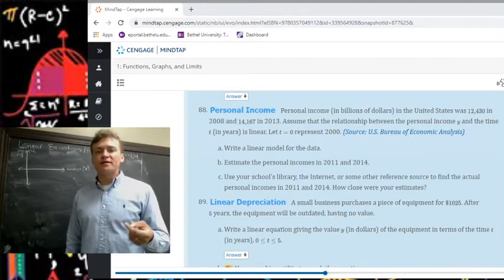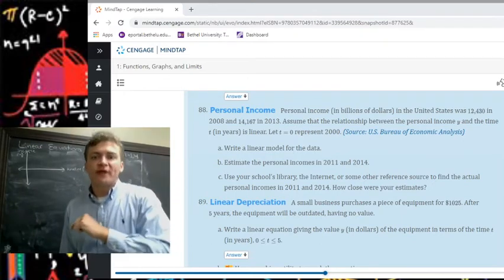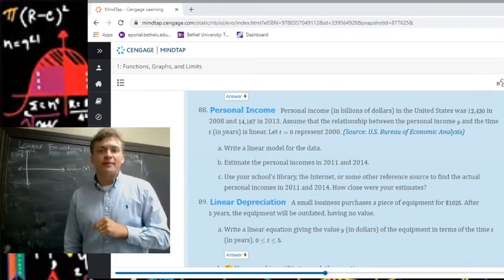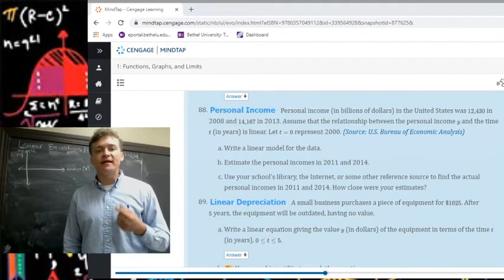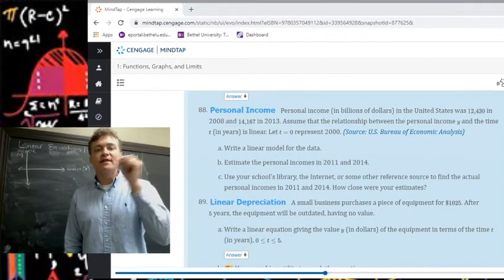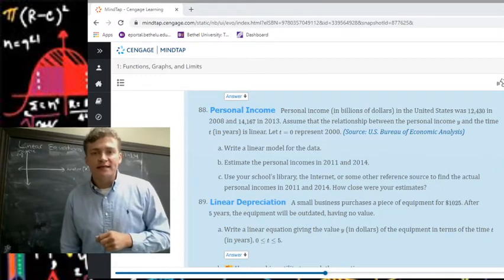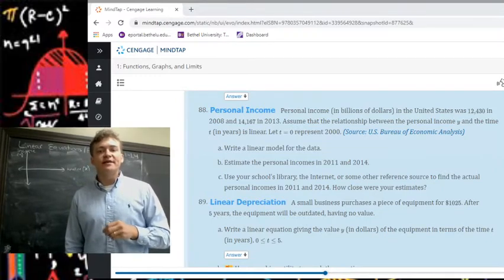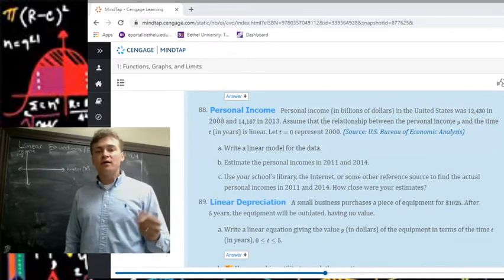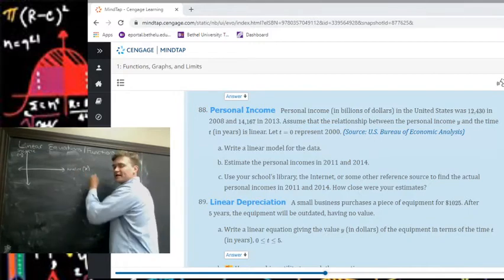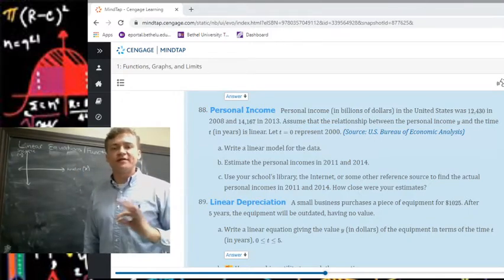Let's establish ordered pairs. It says, assume that the relationship between the income and the time is linear. We are establishing a linear relationship, so we should be able to find a linear equation given the information. It says, let 0 represent the year 2000. So if the year 2000 is 0, then the year 2008 is 8. They're saying use the variable t for this timeline. There's nothing wrong with that.